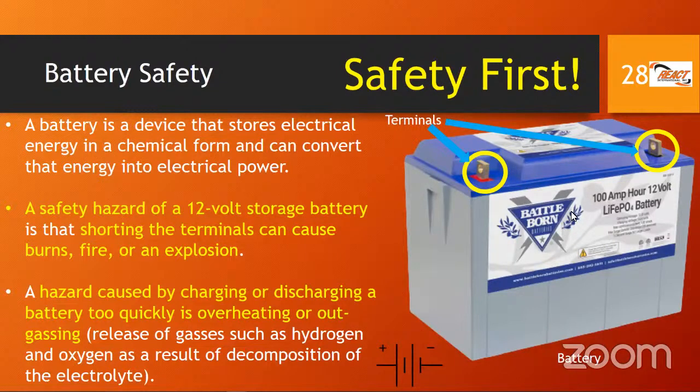Some of those gases are formed from the electrolyte inside the battery. Hydrogen and oxygen may result, and that is called outgassing, and it might even cause the battery to explode, right? So you have to be very careful. You don't want to charge it too quickly or use the power in it too quickly. There are limits to that, and you need to know that for the exam.